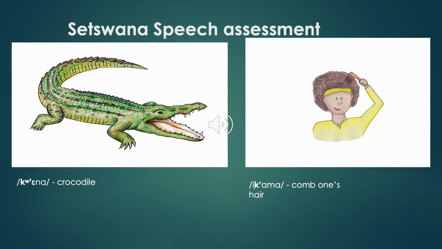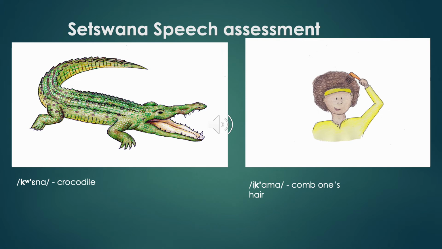So on this slide, I've just included 2 pictures of the illustrations that we've used in eliciting speech production from children, and I've bolded the phonemes that we were targeting.